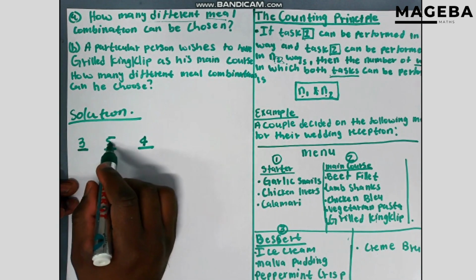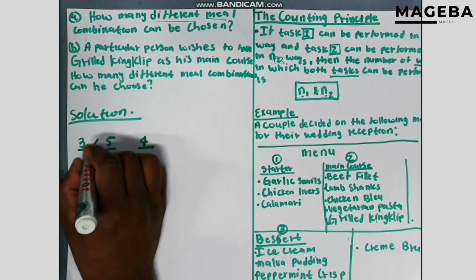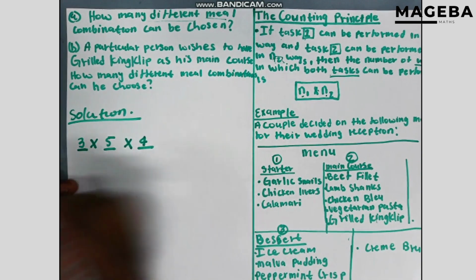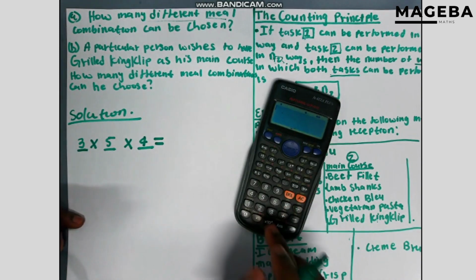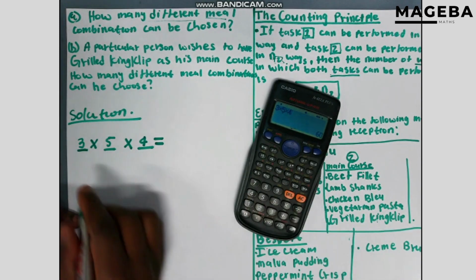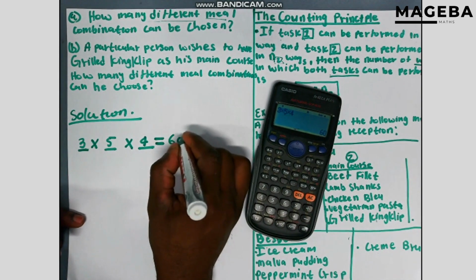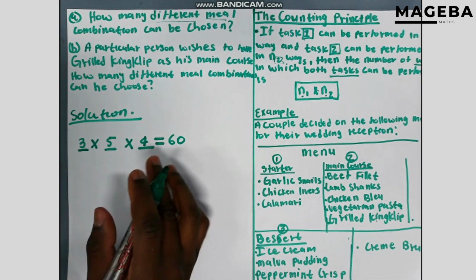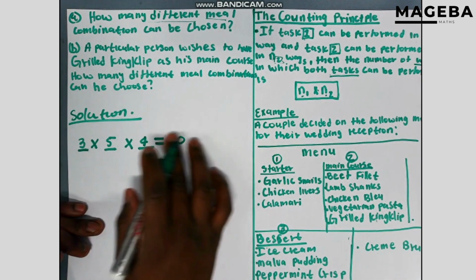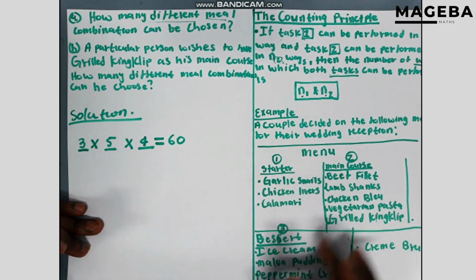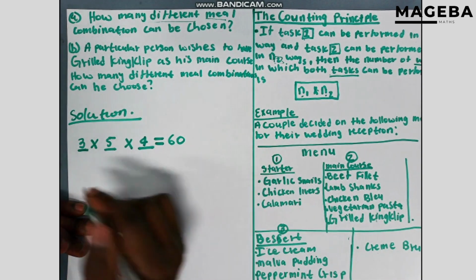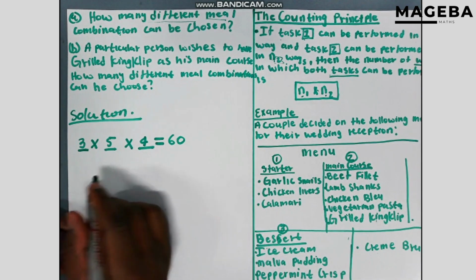This is a task, this is a task, this is a task, and we multiply those tasks. 3 times 5 times 4 gives us 60. So there are 60 combinations of meals that can be made from these 3 menus.